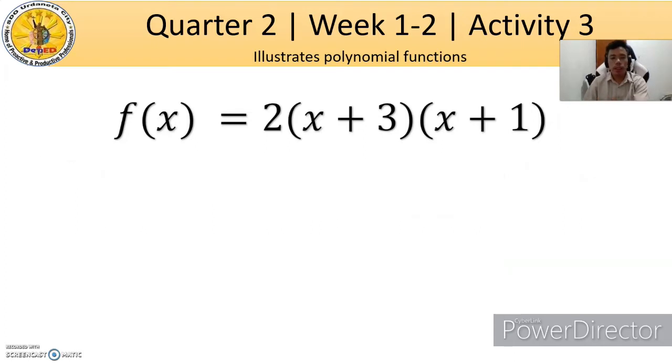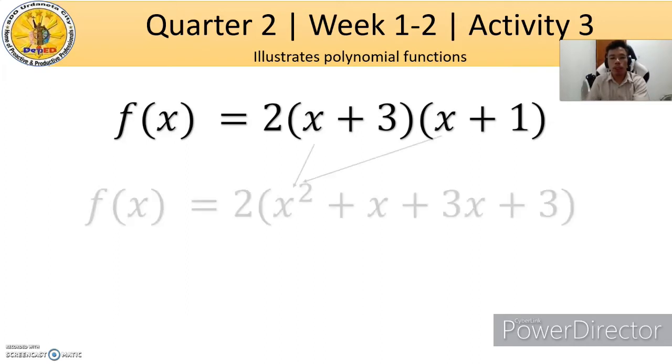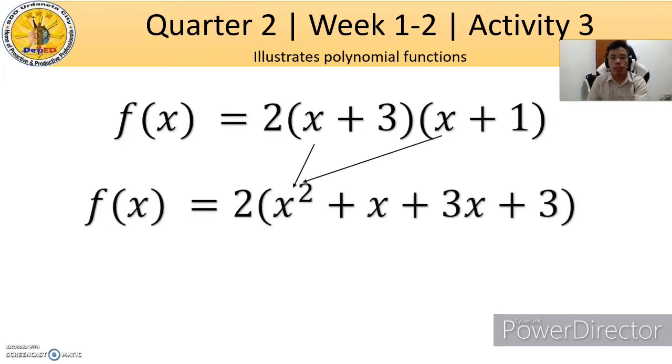Let us expand 2(x + 3)(x + 1). But first, we multiply the binomials x + 3 and x + 1 by applying the FOIL method. So we will have x times x is equal to x², x times 1 is equal to x, 3 times x is equal to 3x, and 3 times 1 is equal to 3.